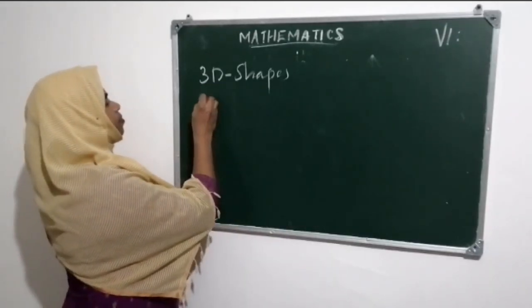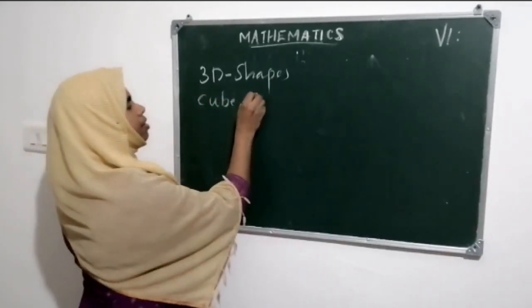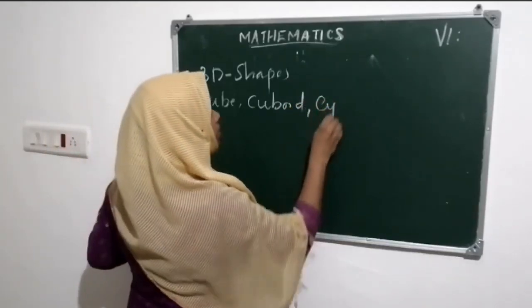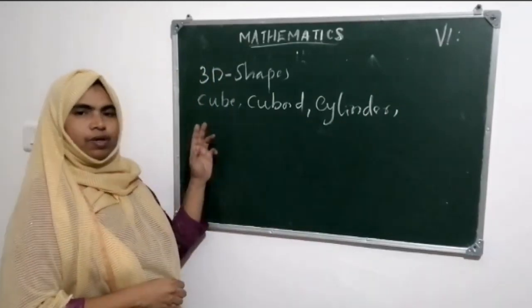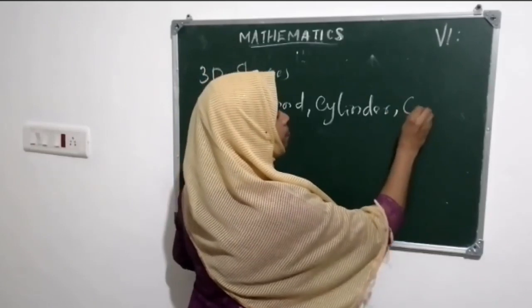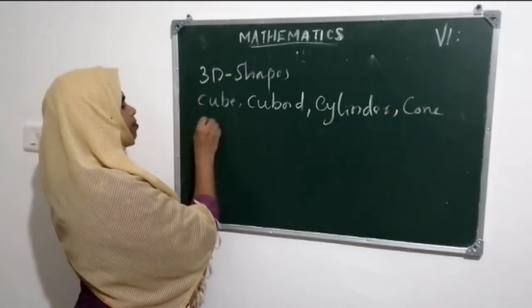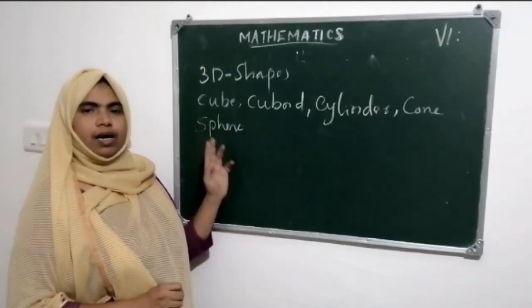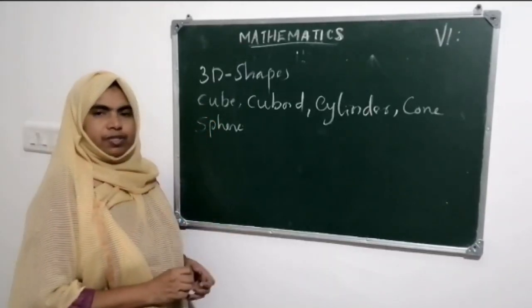Cube, cuboid, cylinder, cone and sphere. We know these are solid shapes, or we can say 3D shapes.